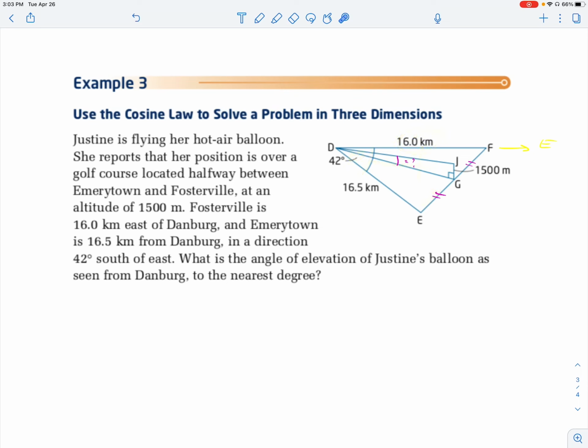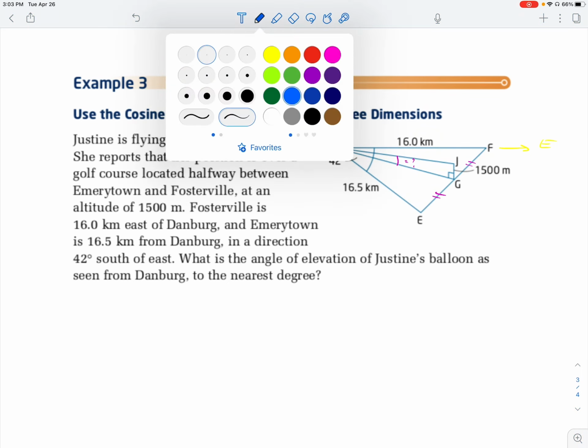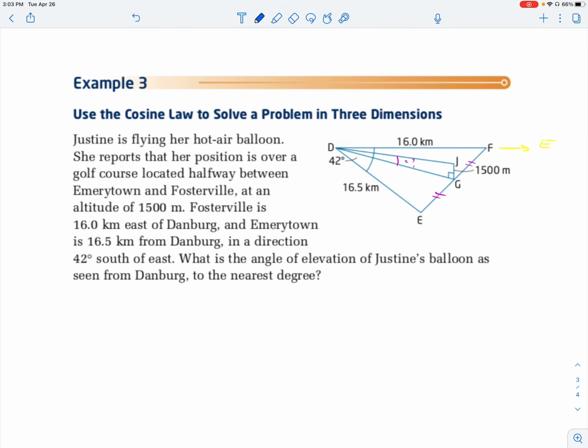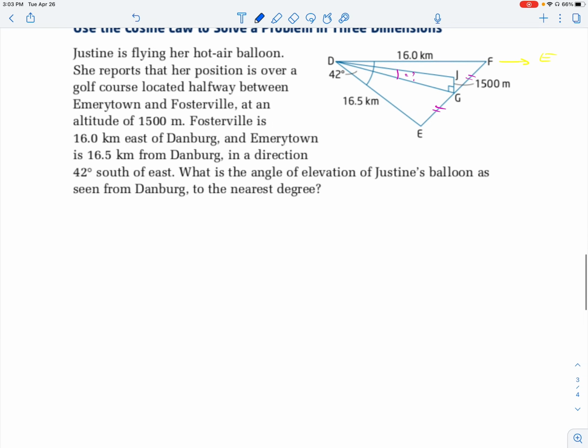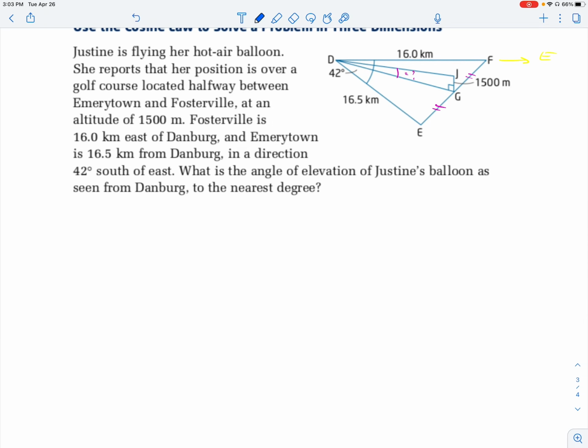Okay? I know that's a lot of information, so let's just do things one step at a time. I also find it helpful to draw the triangle that you're going to use because there are quite a few things going on in this picture here. So I'm going to draw a triangle DEF.